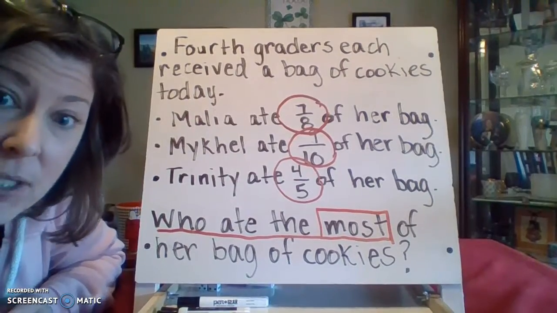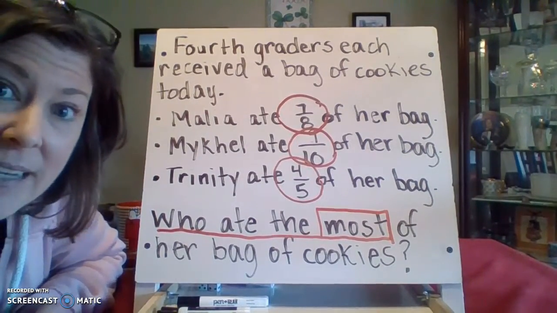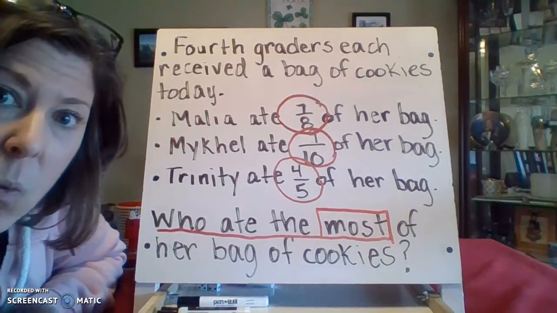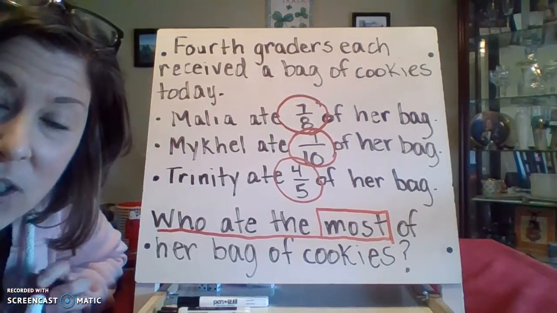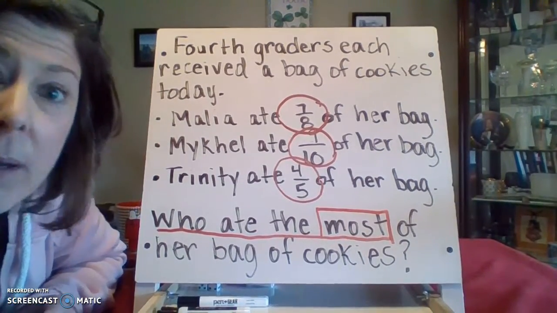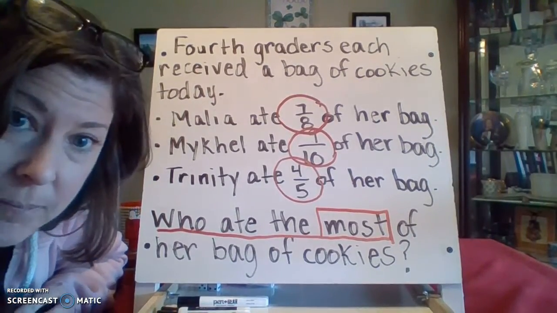They are not apples to apples. So I have to think about those denominators, 8, 10, and 5: what's a common denominator for 8, 10, and 5? And then I have to compare. I have to see who ate the most.